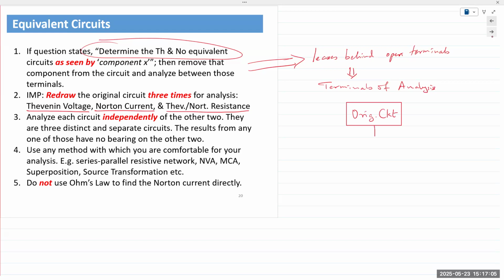Then, depending on the question, you may or may not have to remove a component, but let's say you do. Remove component. So now you modified it. You have your terminals of analysis.